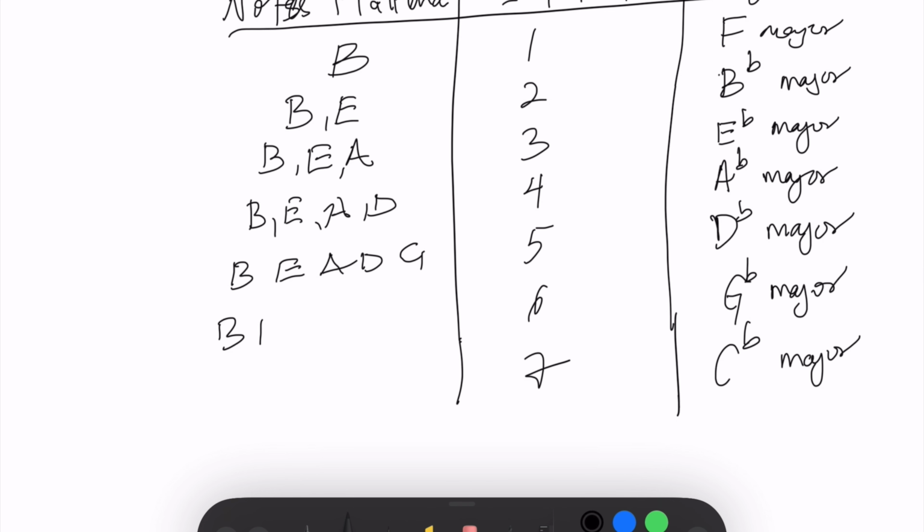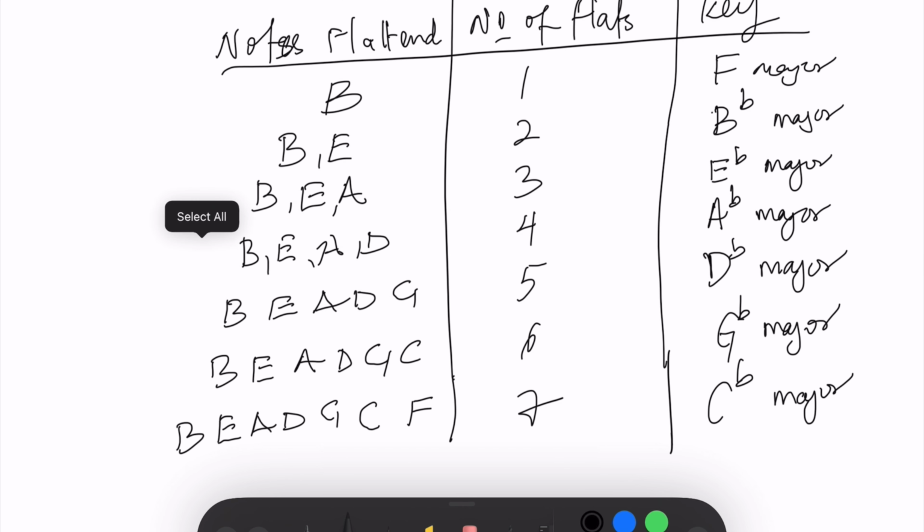And 6 will be B, E, A, D, G, C. And 7, B, E, A, D, G, C, F, in this order. So these are the notes that will be flattened for all these keys. 1, 2, 3, 4, 5, 6, 7.